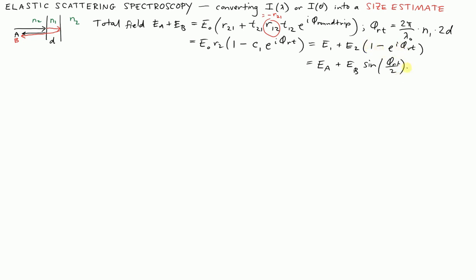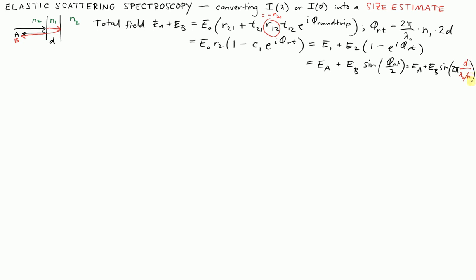And I can rewrite that as EA plus EB, and if I just substitute in for what phi round trip is, I get 2 pi times this ratio of d over the wavelength divided by n1.